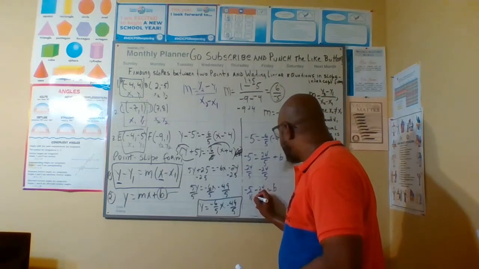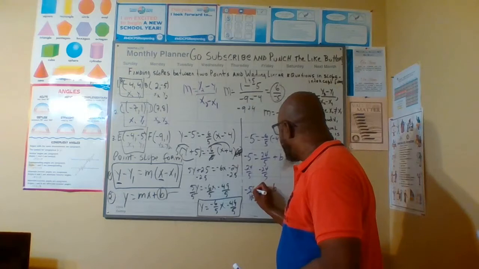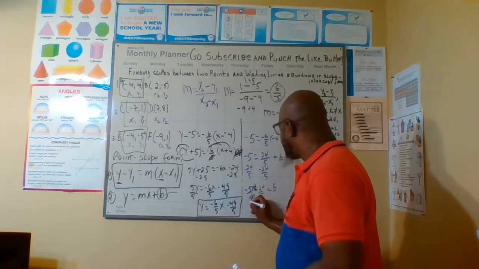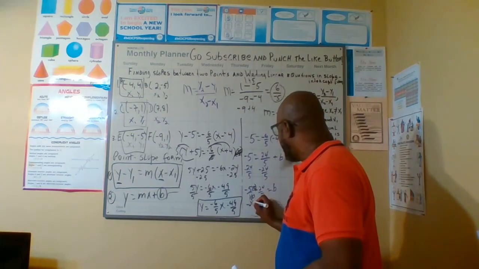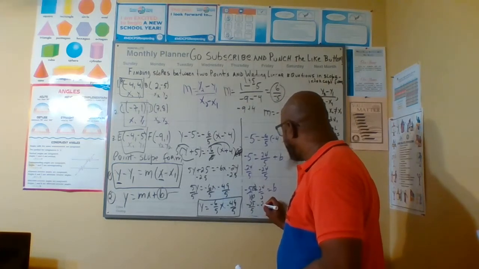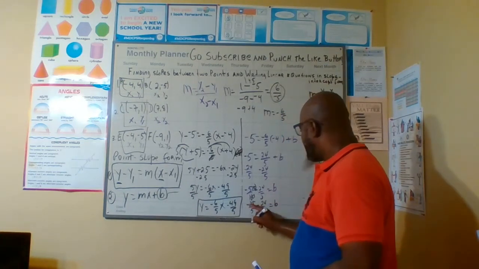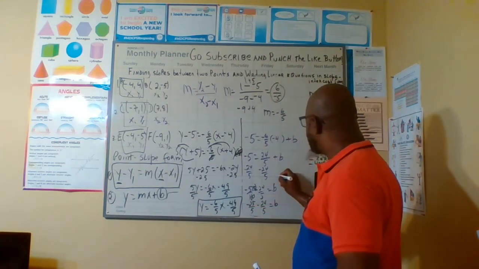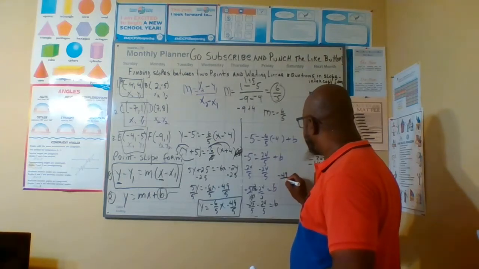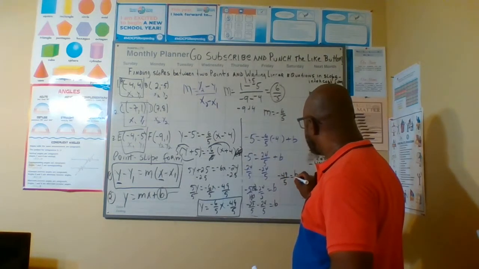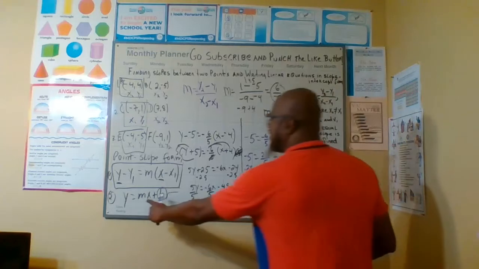I want this to be 5 too. So I multiply this by 5. I must multiply numerator by 5. This is going to give me -25/5. That will give me -25/5 minus 24/5. That's b. Minus 25 minus 24 is minus 49/5. That's b.